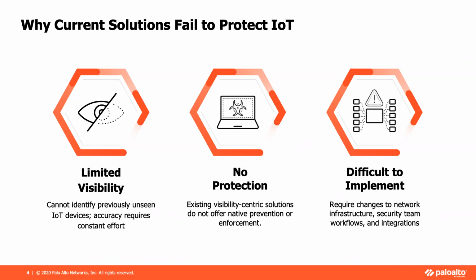First of all, there's no real visibility into your IoT connected devices for any real degree. Most security solutions use signature-based protections. They use signatures to identify devices, and they simply can't scale to the number of new devices that are out there all the time and the new devices that are being launched all the time.